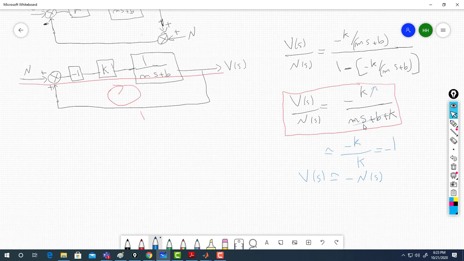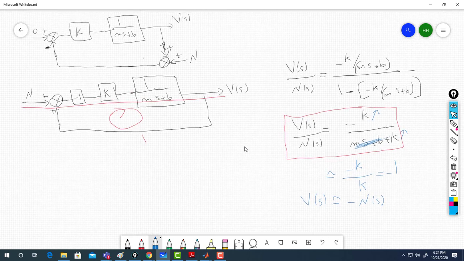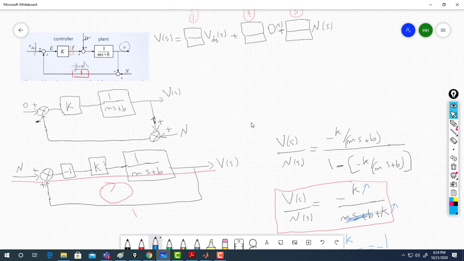If k is very high, then this term is very small compared to it. Like saying 100 plus 1, it's okay to say 100. Or 1000 plus 1, it's okay to say 1000. This doesn't affect it if k is very high. Then k over k, the rest is negligible. K over k is minus 1. Agree? So what does that mean? That means this is your transfer function at the end, minus k.